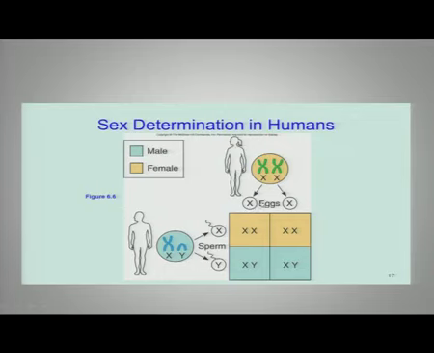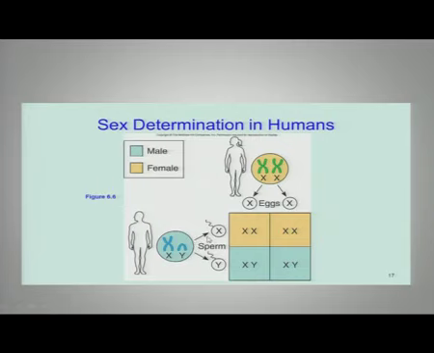Female produces gametes with 1 set of autosomes and 1 X chromosome. Both gametes are of the same type, so it is homogametic.